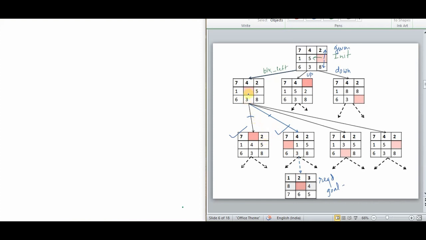When the blank tile is moved one position down, this is that rule, and you get this node. And when the blank tile is moved one position to the right, this is that rule, and this is that node. Similarly, for other nodes you will have such intermediate nodes, which I have not shown. So dotted means the tree is still there, and I am just showing with these blue color arrows one possible path to the required goal.